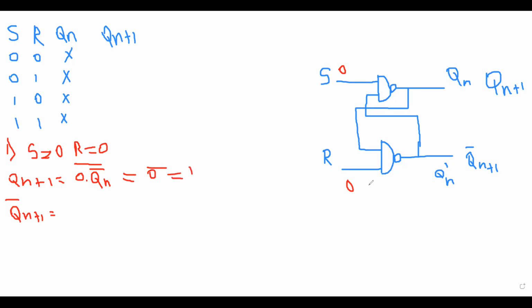Then here we can check 0 into this Qn whole bar. It is also 0 into Qn equal to 0, and 0 bar is equal to 1. Here you can observe the next state and its complement have the same value. Can we get like this? No, we can't. It's practically impossible, so it's an indeterminate state.